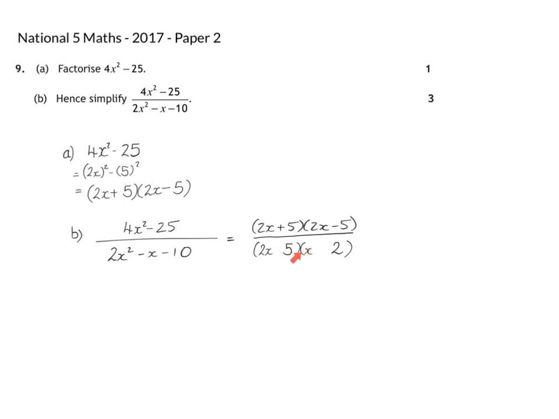So that came from multiplying here. Our negative is going to have to go in there, and our positive is going to have to go there. Now, because we've got two things the same on the top and bottom, we can cancel them out, leaving us with just the 2x plus 5 on the top and the x plus 2 on the bottom.